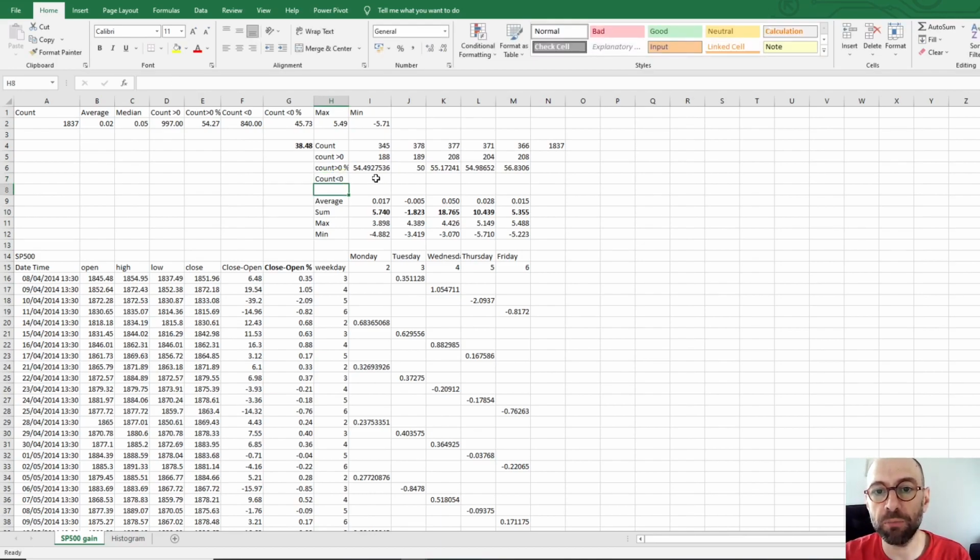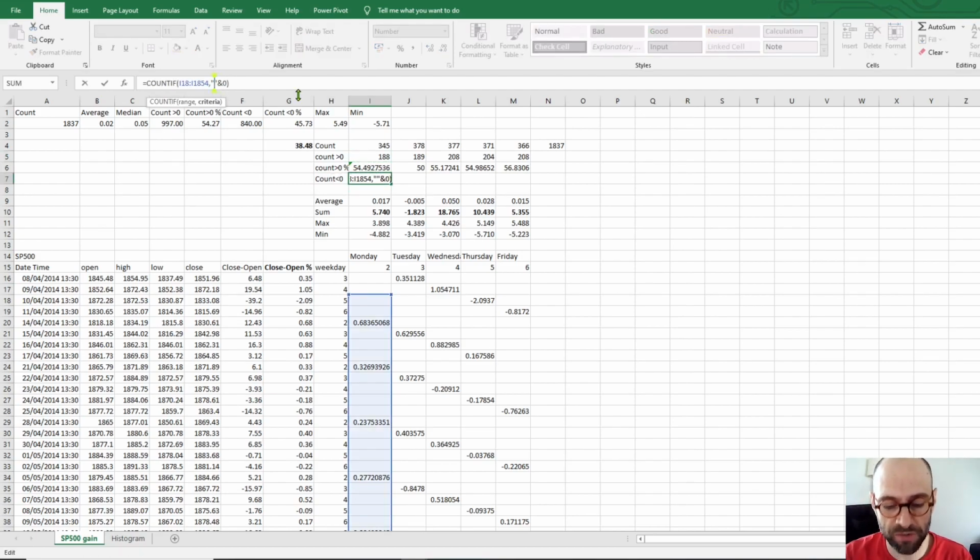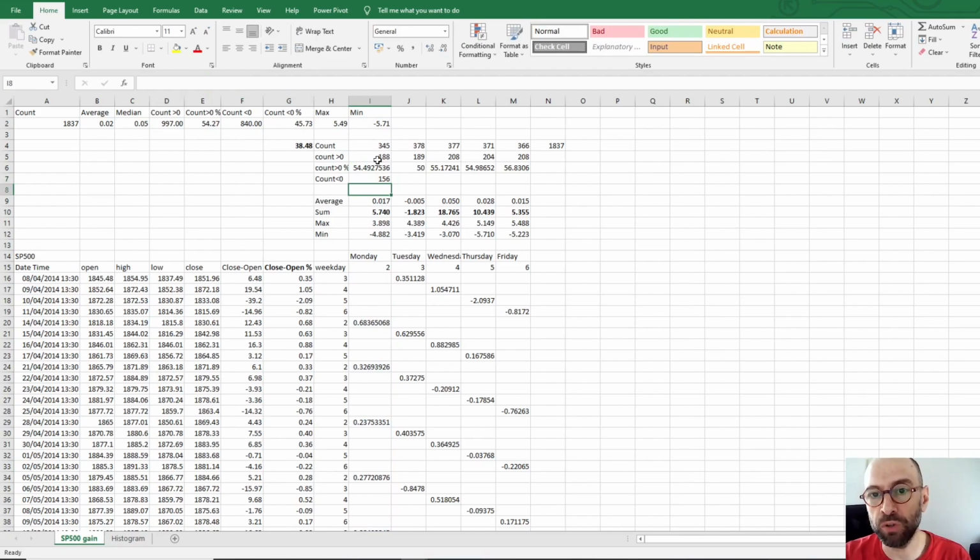So let's check the same thing for negative days. So we want, in this case, the negative value. Obviously, we could have subtracted 345 minus 100, which would have given this, or you can just calculate it again. Both of them would have served us equally well. The same with the percentage: we can calculate it again, or just subtract it from 100.